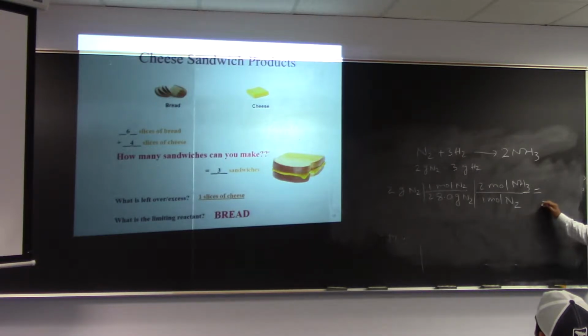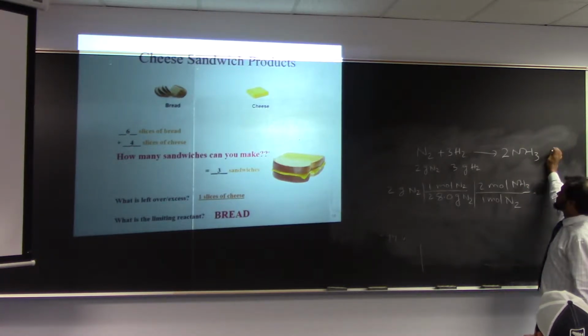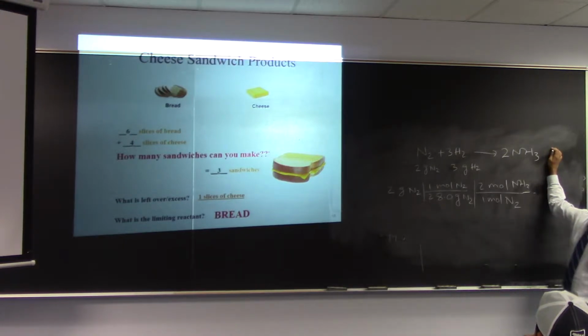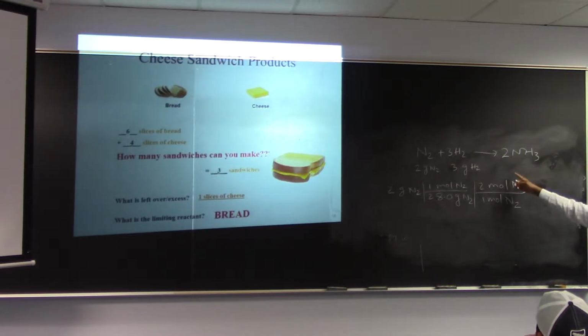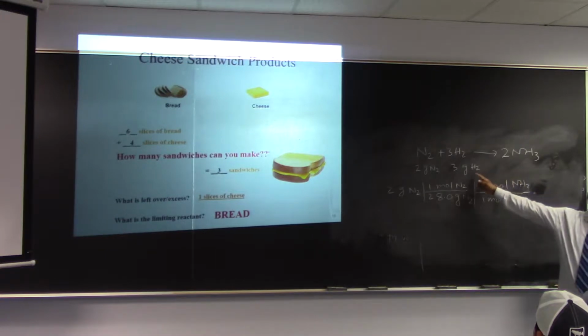If you want to calculate to the gram, you do one more step. It's up to you, depending on the question. The question could be asking how many mole of ammonia you're producing, or how many gram of ammonia, or how much ammonia you can get in gram from 2 gram of nitrogen, 3 gram of hydrogen.